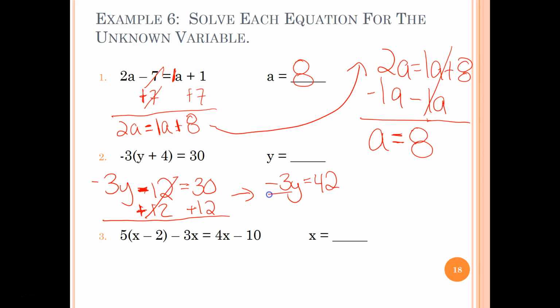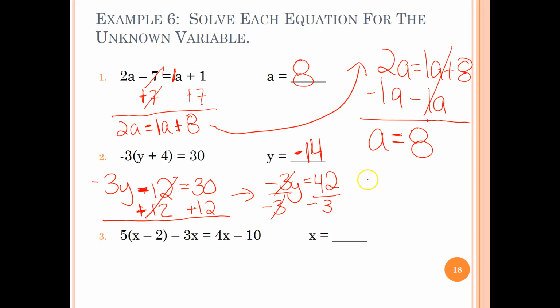Last step, let's divide by negative 3. Make sure you're not adding because that negative 3 is being multiplied to y. We're left with y equals 42 over negative 3, which results in an answer of negative 14. Nice.